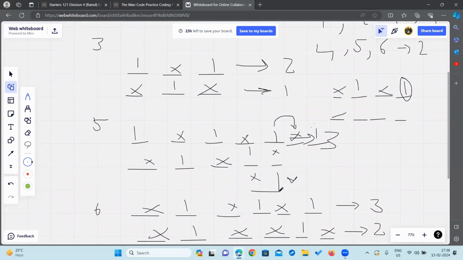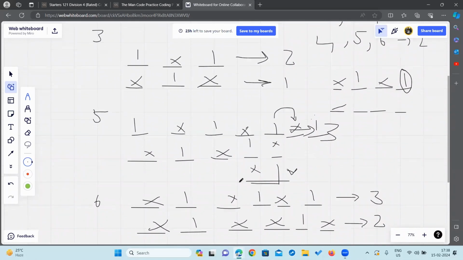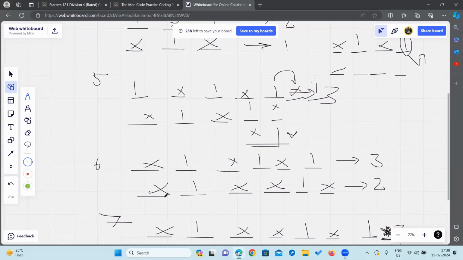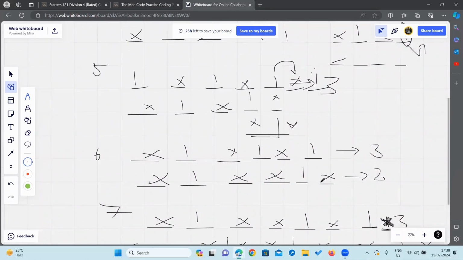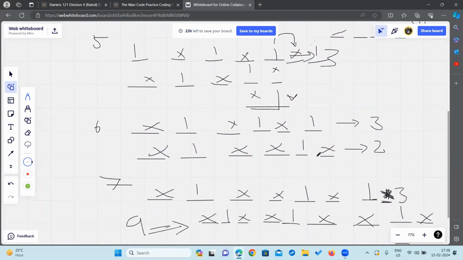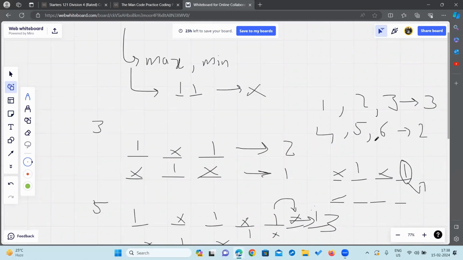I'm just changing it to the next position and this one won't be accessible. In the case of 6, it is just an X mark over there. So this is just changing the position of this one, so it will remain 2 for this.